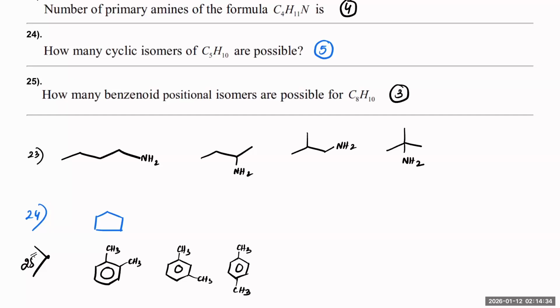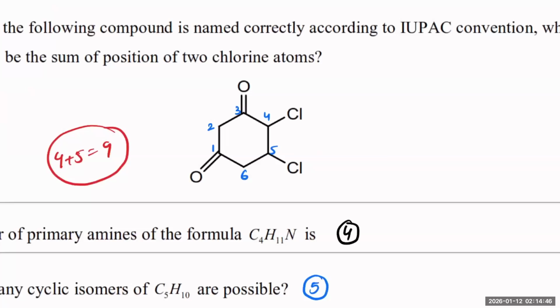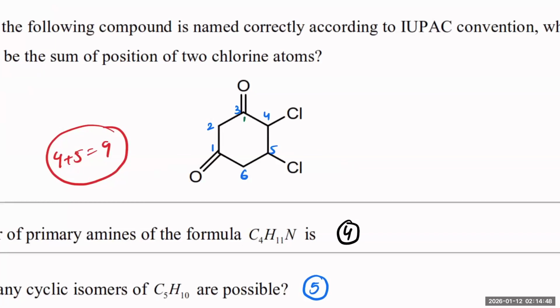Sir, can you go to the 22nd question? Yes, beta. Yes, please. Sir, why didn't we start from that upper O? If you start with that O here, 1, 2, 3, this numbering is the same. But here you are getting chlorines at 5 and 6. And what if we go clockwise? If you go clockwise, you're getting 4 and 5.